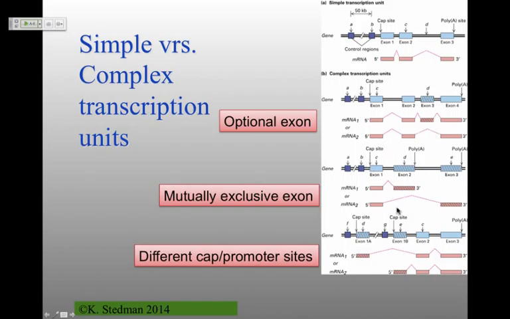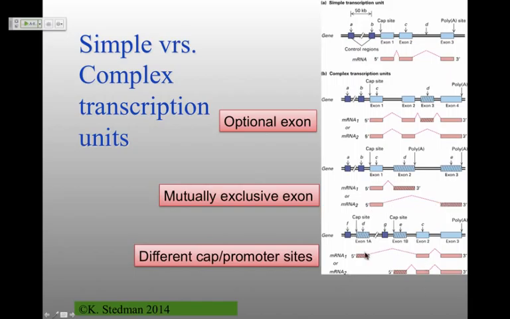You can also have cases where if you include one exon, you don't include another exon. And the way that this works is that you have a polyadenylation site at the end of each of those exons. So if you use this first exon, you're going to be putting on a poly A tail right here. Once you put on the poly A tail, you're not going to be going to this following exon.